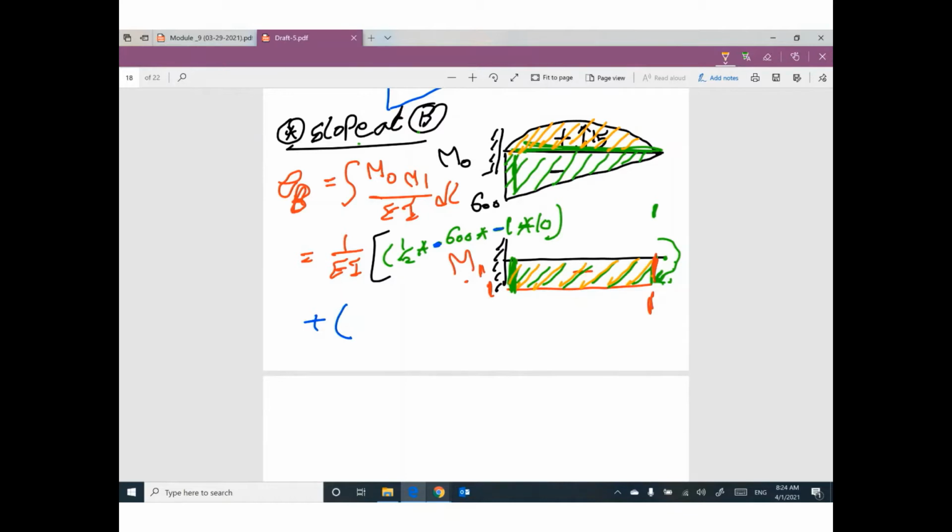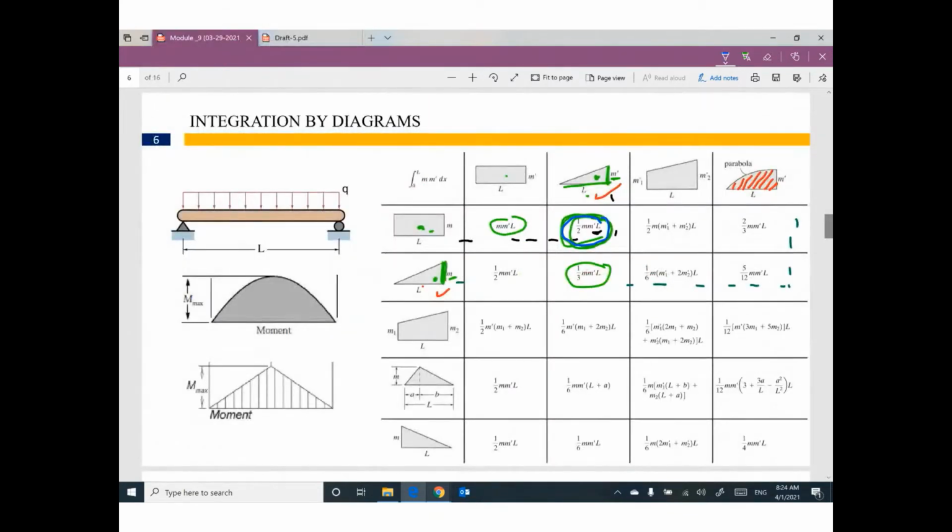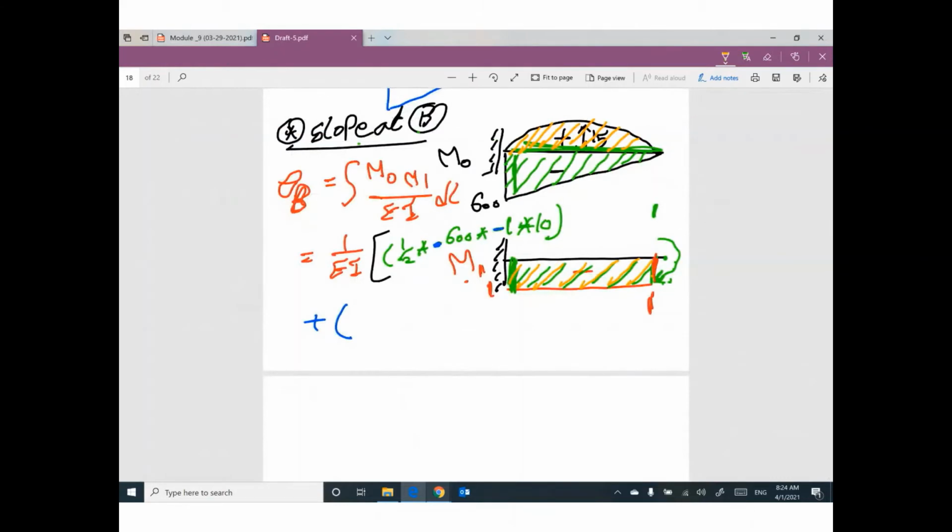Unfortunately, we don't have a complete parabola in this table, so I will do it by hand. The area of this parabola is 2/3 times 10 times 15. The corresponding value at the centroid of this parabola will be -1.